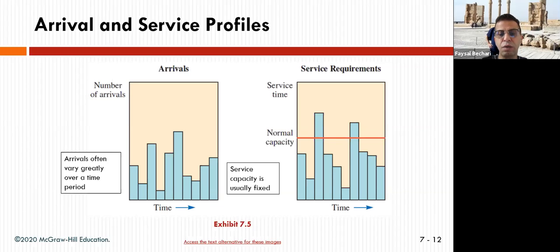But the whole goal comes from the arrivals, the number of arrivals. Arrivals often vary greatly over time. In big stores, they have some counting system that counts people coming in and going out and how long they're staying. So it tells you the arrival times and the numbers of people. But you notice that the capacity is a standard.